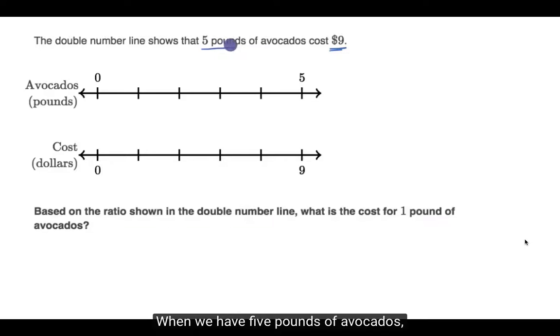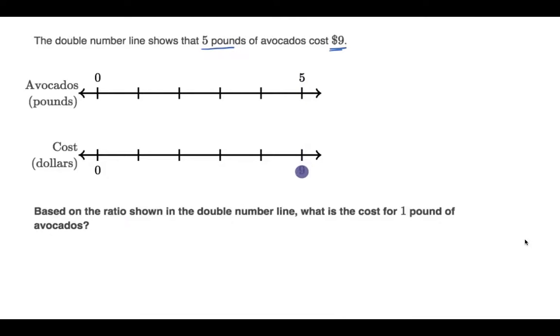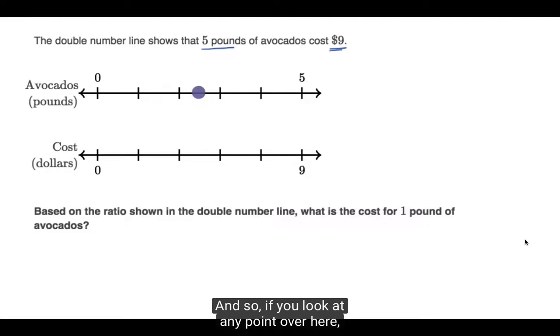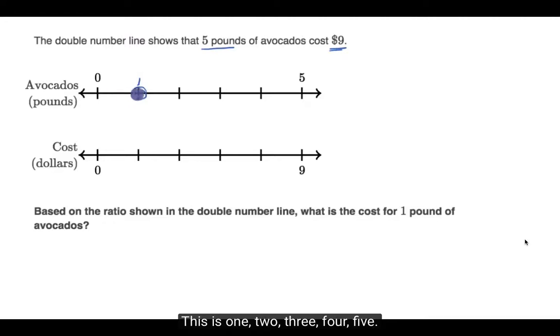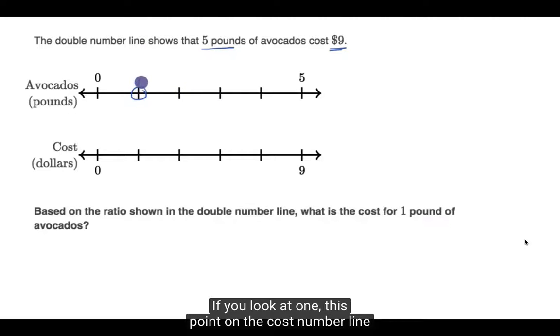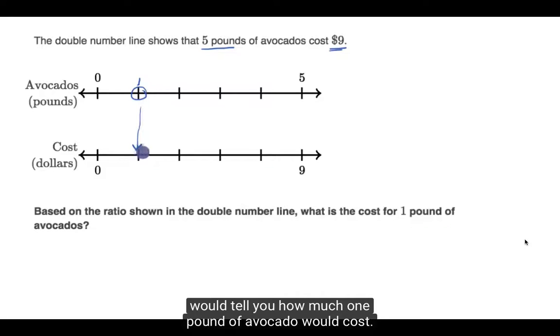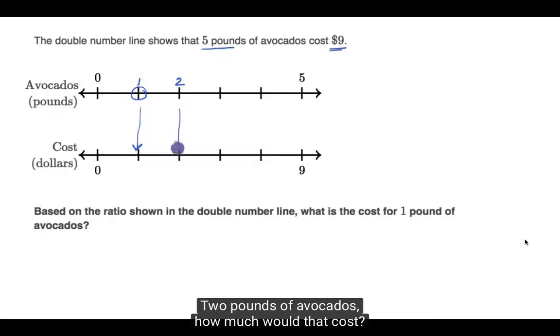When we have 5 pounds of avocados, it costs us $9. And if you look at any point over here, let's say right over here, this is 1, 2, 3, 4, 5. If you look at 1, this point on the cost number line would tell you how much 1 pound of avocado would cost. 2 pounds of avocados, how much would that cost? You would look at this second number line right over there.